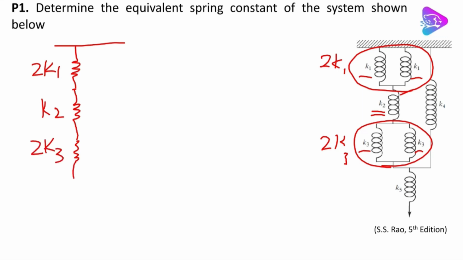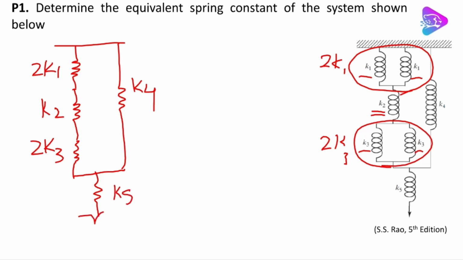Again, we have two parallel springs, K3 and K3, so the equivalent for these two is 2 times K3 because they have equal spring constant, right? And then we have a big spring here, K4, and they are in parallel to each other. And finally we have K5 here, okay, and this is the force.